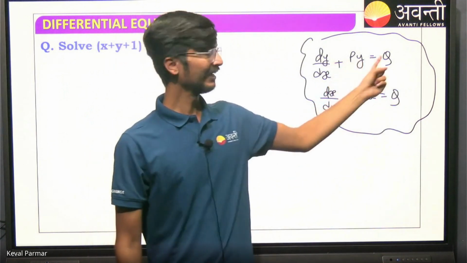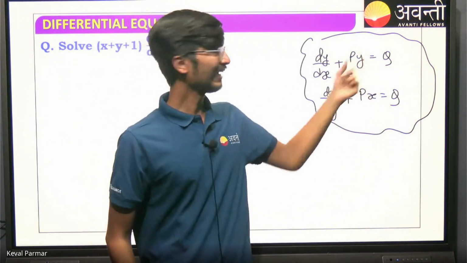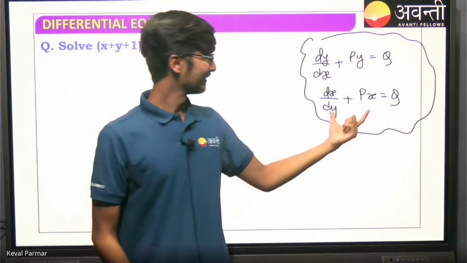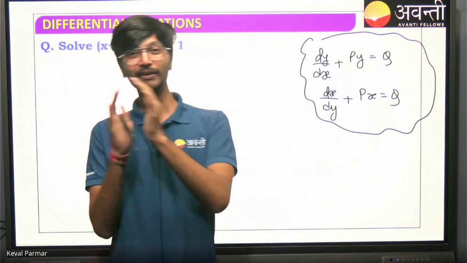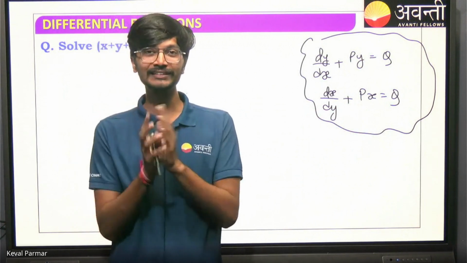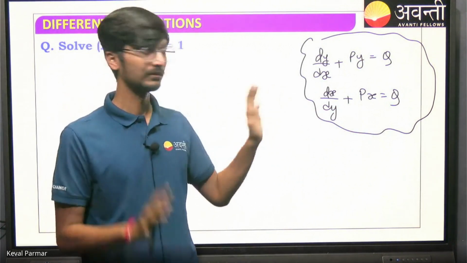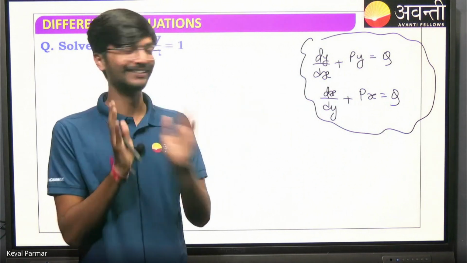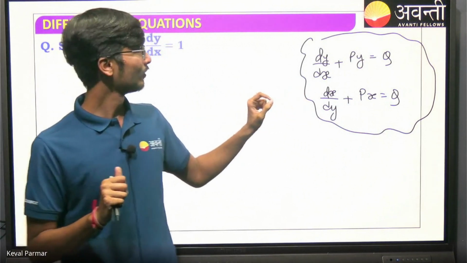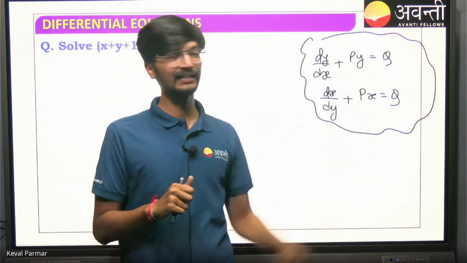Here, p and q are functions of x, means there are many x, and y is alone. Here P and Q are functions of Y and X is single. So whenever in a question we see either X is single or Y is single, then single means akela, means only one in mathematics. So then we can say it is linear in Y or linear in X.